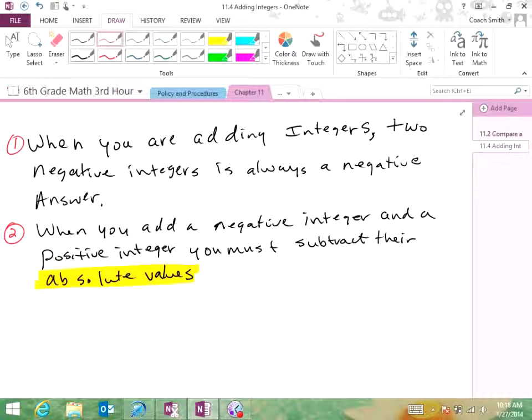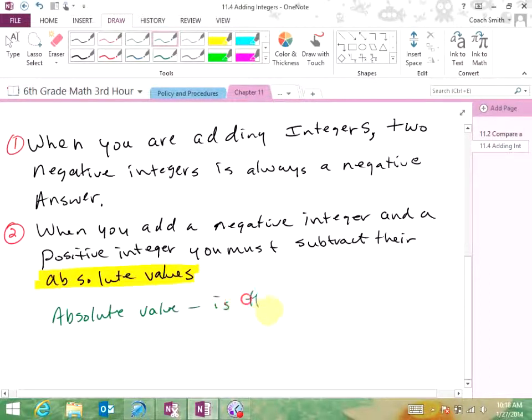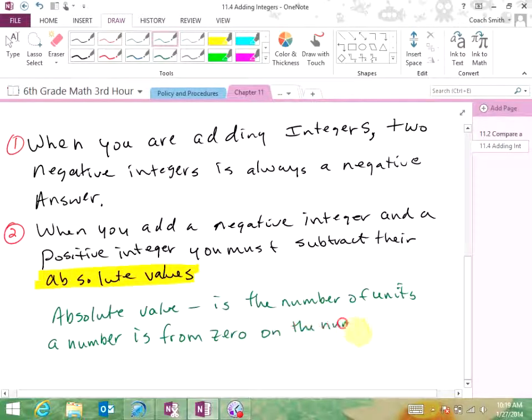Okay? So, I want you to write this down for absolute value. Absolute value, first of all, the absolute value is the number of units, okay?